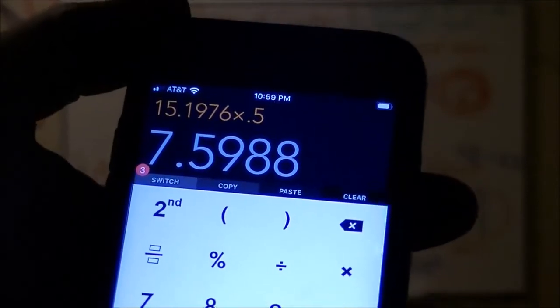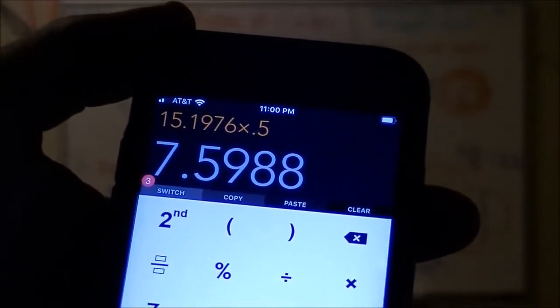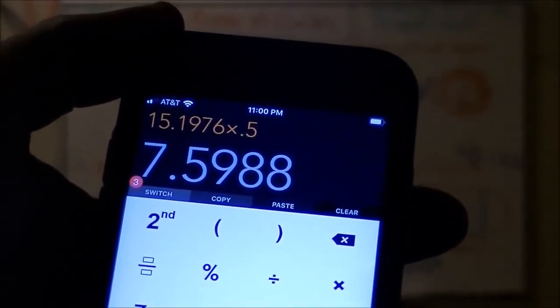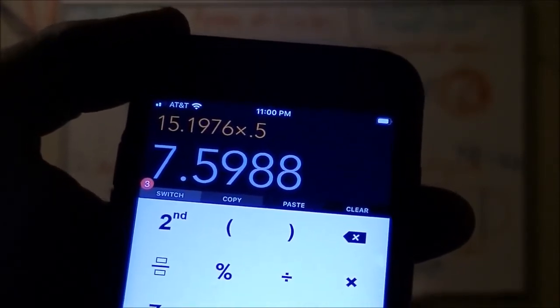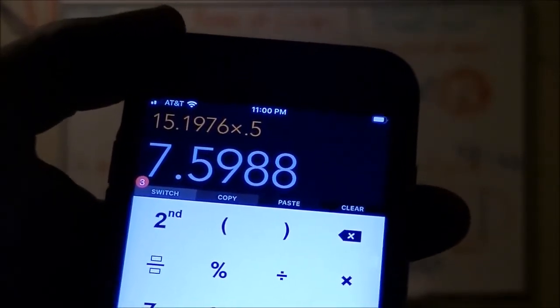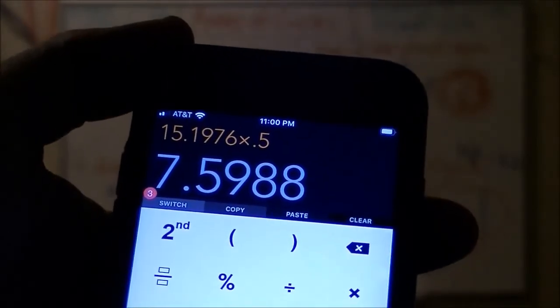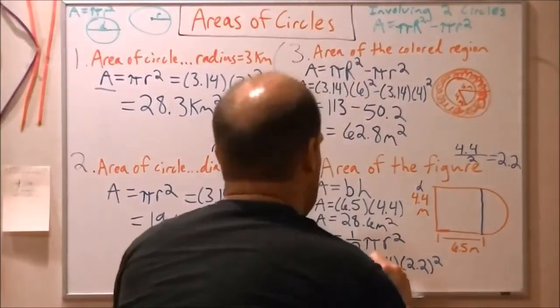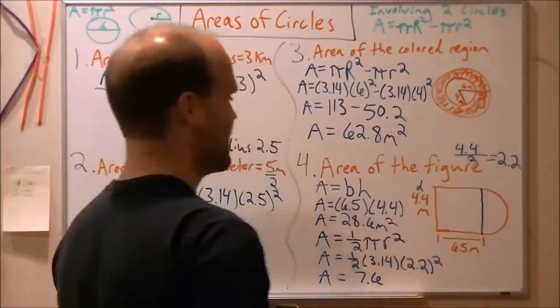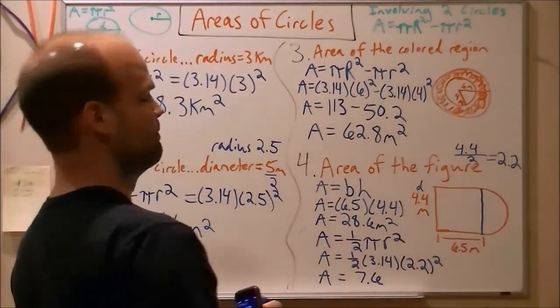And so what do I have? 7.5988, okay? How do I round that to the first decimal spot? I have a 5, do I keep that 5 or do I go up? What's the 9 tell me? I go up. And so my answer is 7.6. My area is 7.6. What's my units?